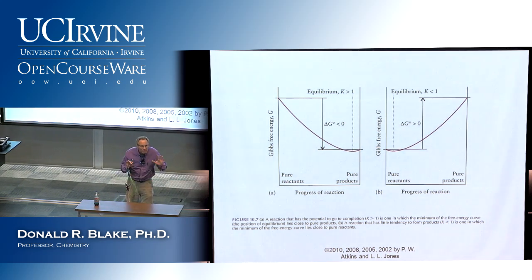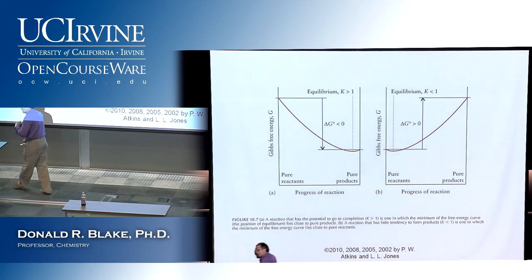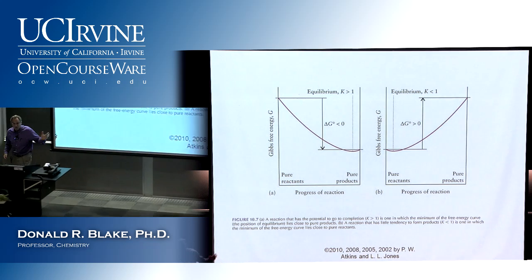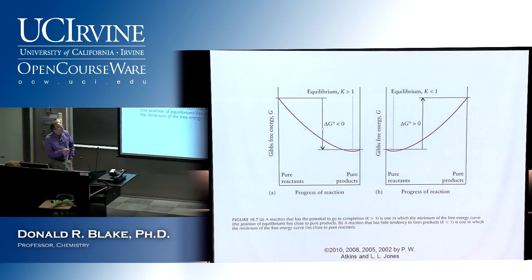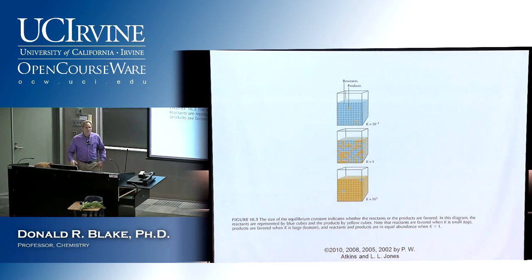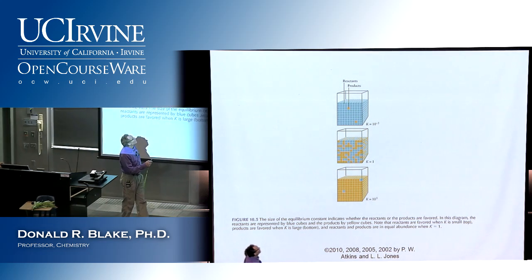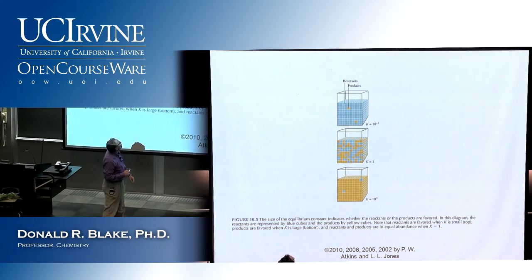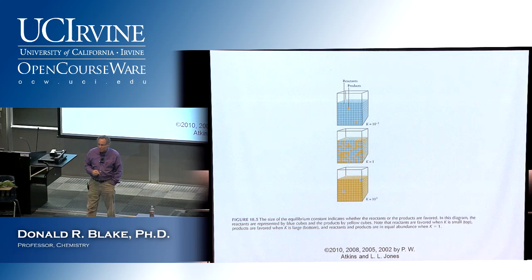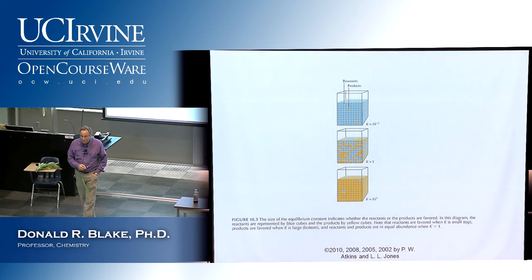Okay, so I just want you to have a feel for how this works. I could have a figure on the exam that would say, you're at such and such a point, is this spontaneous or not? This is a cartoon of what that looks like. If blue are reactants and gold is the product, look at this first one: K is not very big.